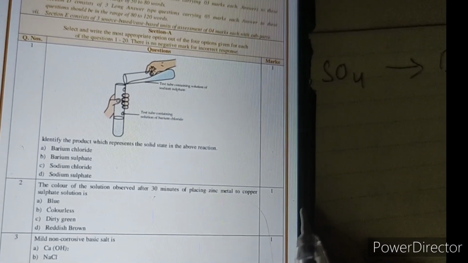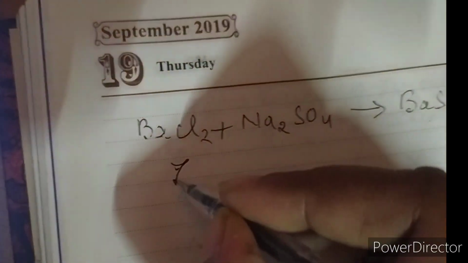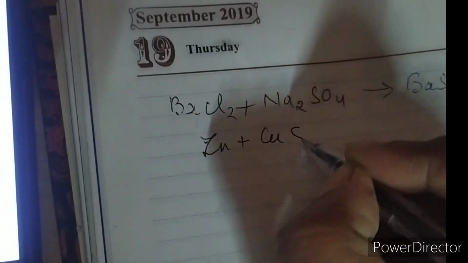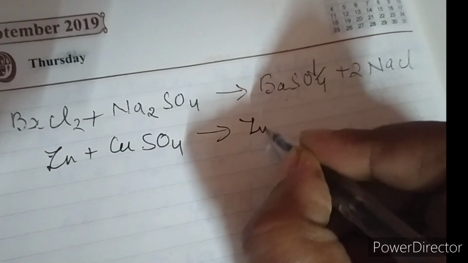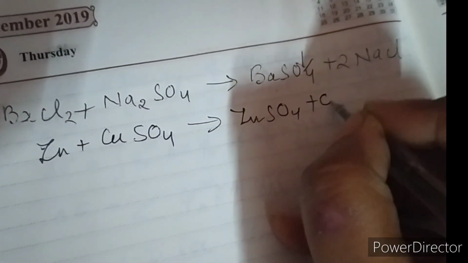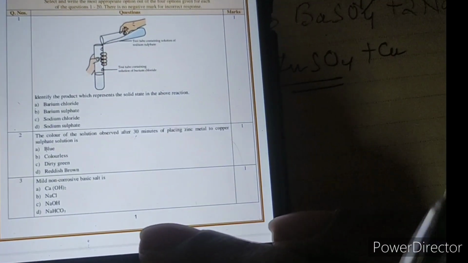Although copper sulfate is blue in color, when it is displaced it will give you zinc sulfate. So here I can write the reaction for this MCQ: zinc plus copper sulfate will give you ZnSO4 plus copper. Zinc sulfate is colorless and therefore the answer will be B, that is colorless.